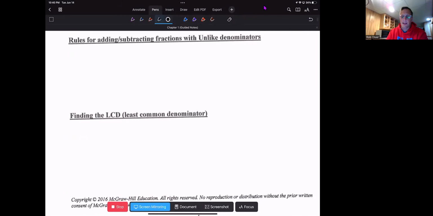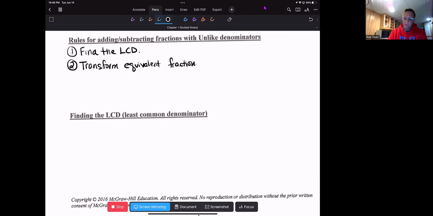So the rules for adding and subtracting fractions with unlike denominators is, number 1, find the LCD, the least common denominator, and then transform or create equivalent fractions using the new denominator, because once you change the denominator, once that bottom number is changed, the numerator has to change proportionally to it.